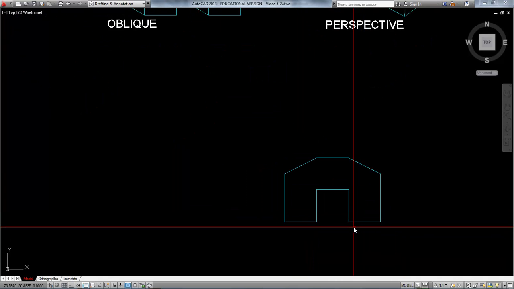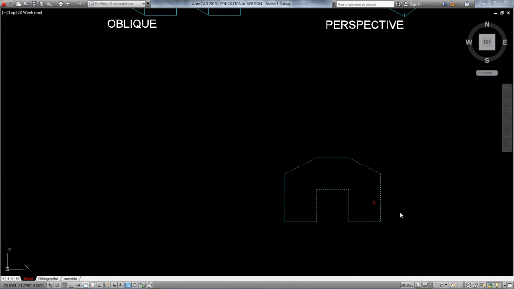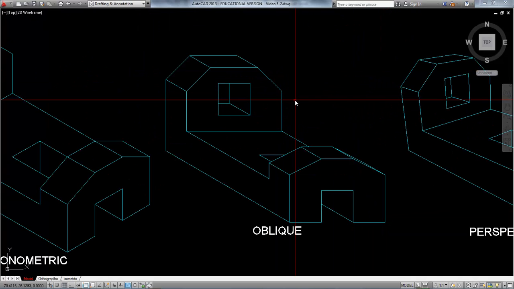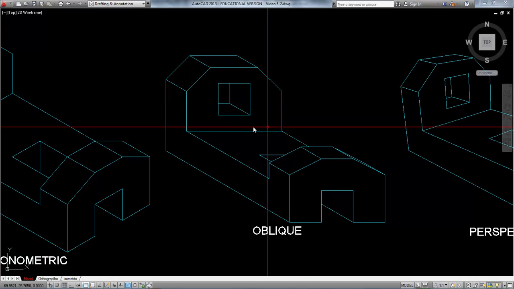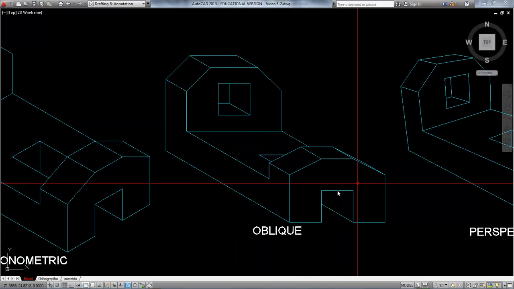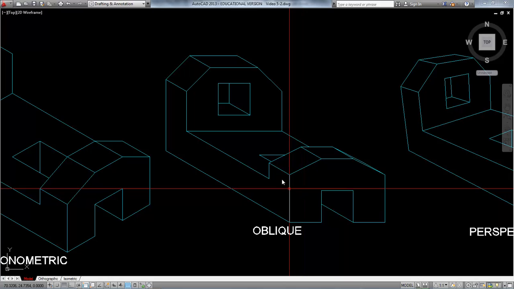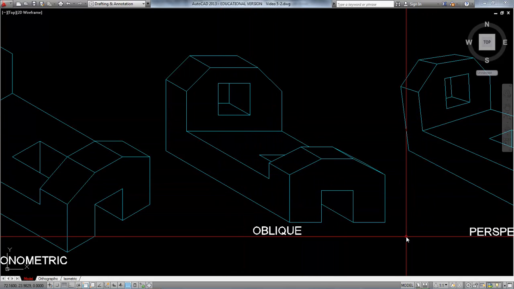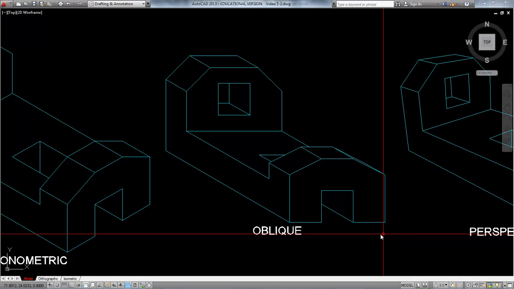So therefore, these can be very quickly created. Now, although they're the simplest and the quickest to create, not many people use them because it's just not a very natural look. As far as pictorial views go, it is the least realistic representation of your part.